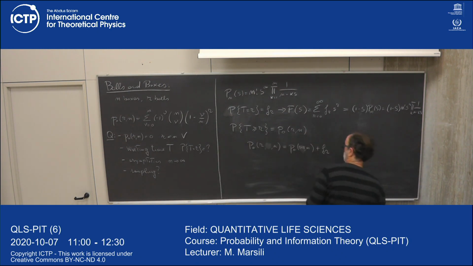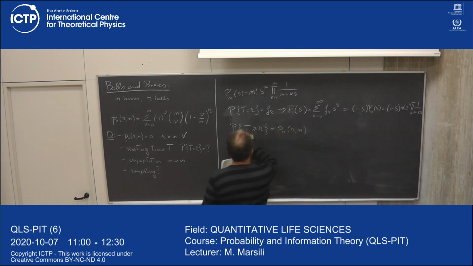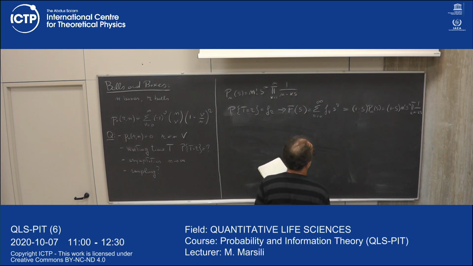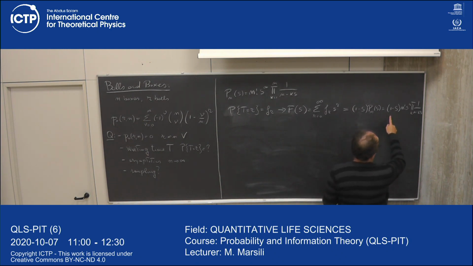Okay. So, very good. Now, first thing we can do is to see that this product goes from 1 up to n. When k is equal to n, you have just 1 over n times 1 minus s that cancel this and the factor n.